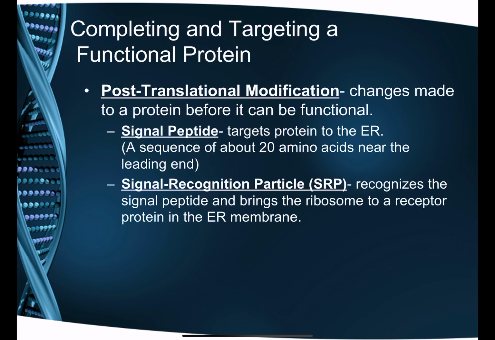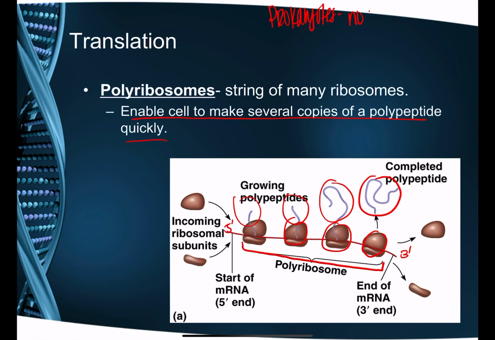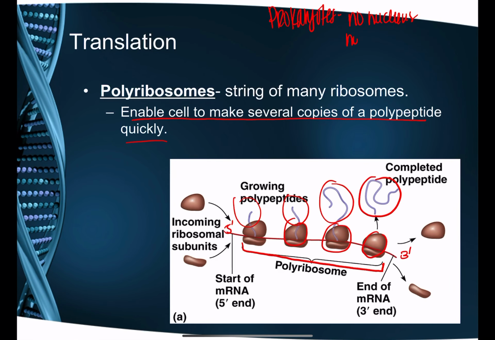Now, one other thing I want to point out, okay? Remember, in prokaryotes, you may want to make a note of this on your paper. In prokaryotes, there is no nucleus. There's also no transcriptional modification, meaning there's no 5' cap, there's no poly A tail, there's no spliceosomes that cut out the introns.